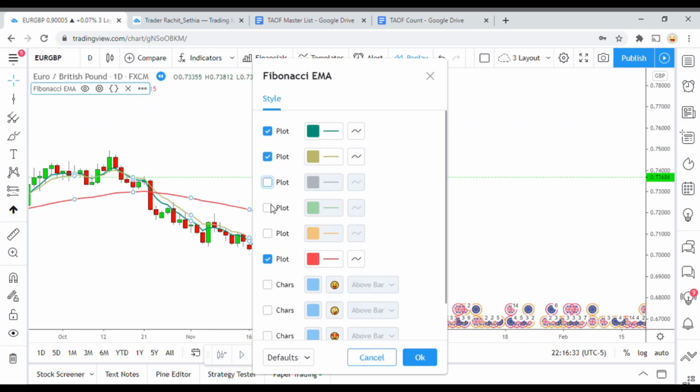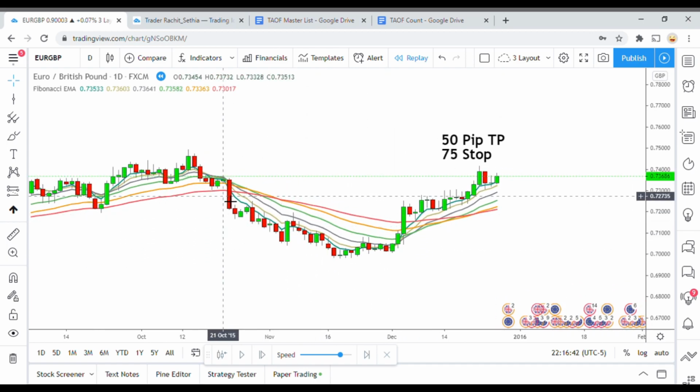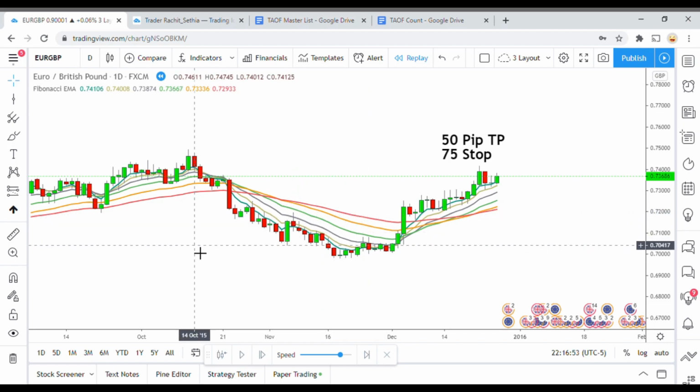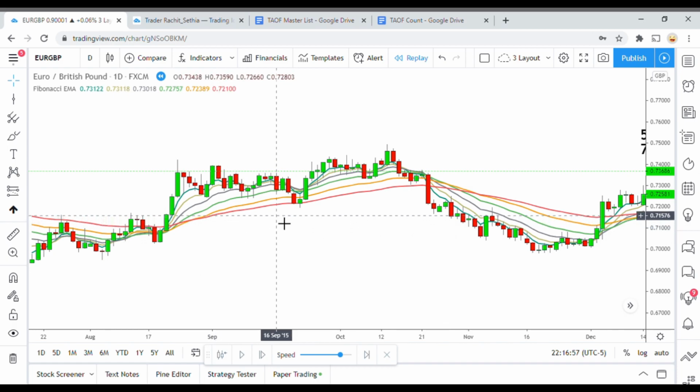And the reason why I narrowed in on these is, we could say the orange line here needs to cross over the red, but by the time that happens, there is a lot of movement.